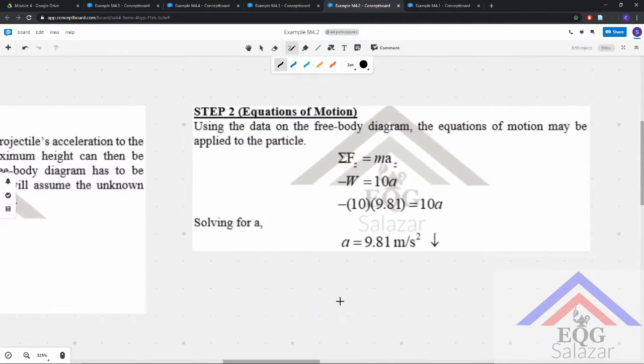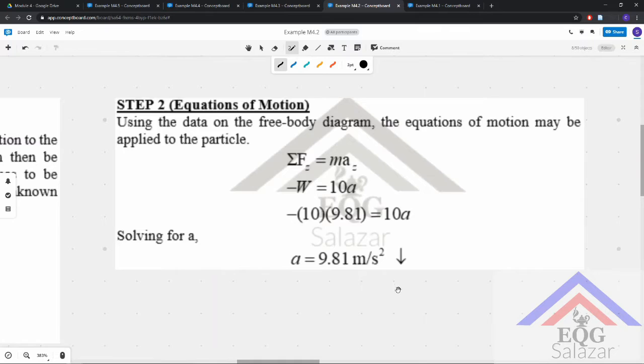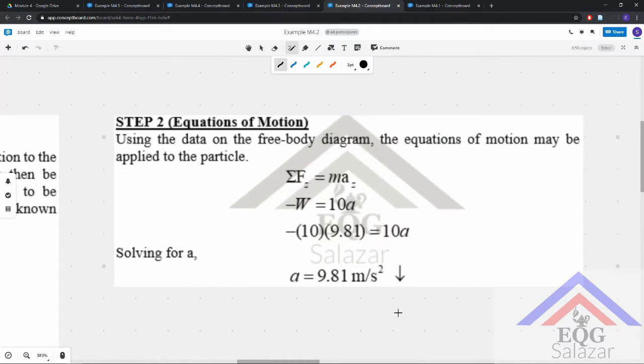Okay, so we have F equals ma, which is negative w, okay, because it's going down, equals 10a. And so you have an acceleration of 9.81 meters per second squared downward.